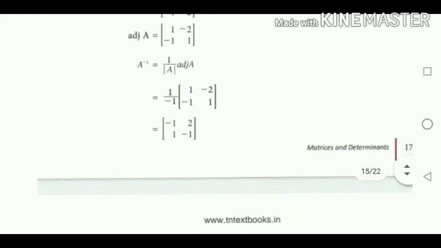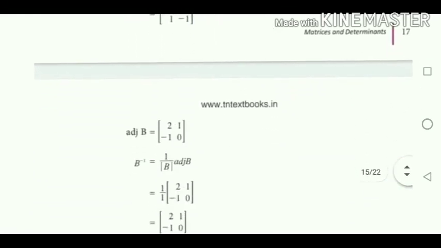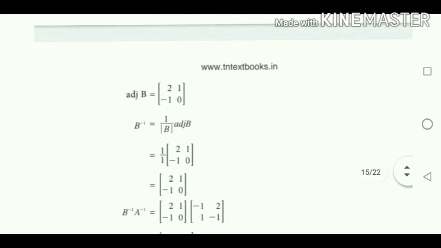So I am getting [minus 1, 2; 1, minus 1]. This is A inverse. Then the adjoint of B equal to [2, 1; minus 1, 0]. So I am applying the formula B inverse equal to 1 by determinant of B into adjoint of B. So 1 by 1 into [2, 1; minus 1, 0]. I am getting [2, 1; minus 1, 0].